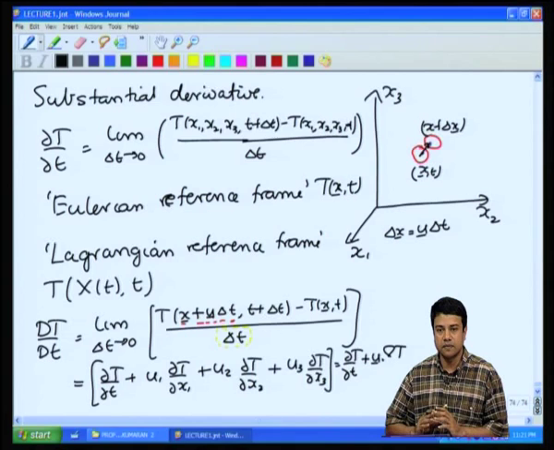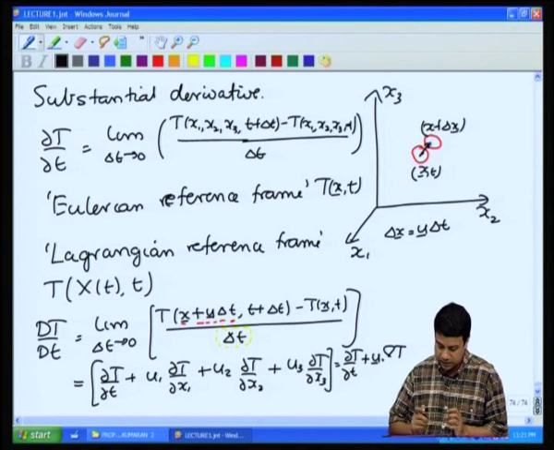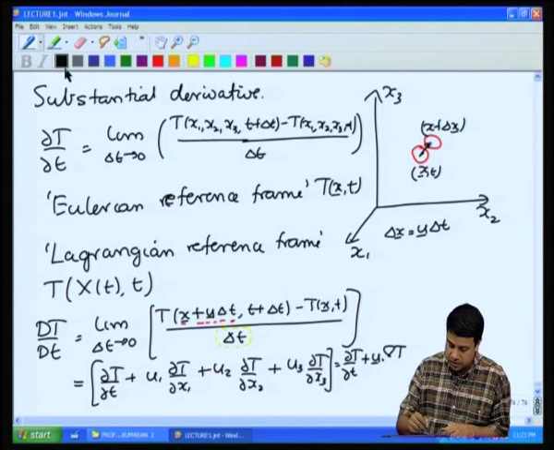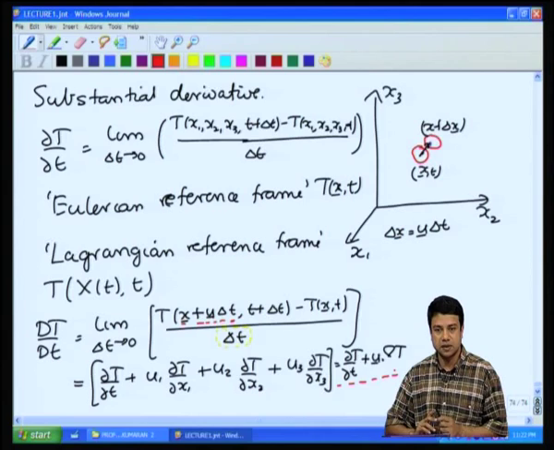In a moving fluid, if for example, the temperature does not change with time for a moving parcel of fluid, in other words, if I were to neglect completely the diffusion or the conduction of temperature, if the temperature is a constant on a moving volume element of fluid, then this derivative is 0. If the temperature is a constant on a moving element of fluid, it is the substantial derivative that is 0, not the partial derivatives.